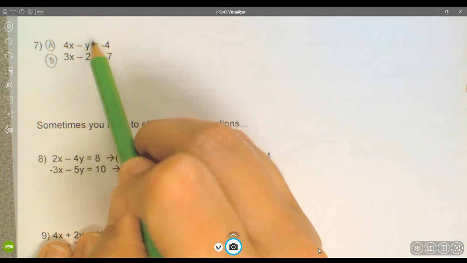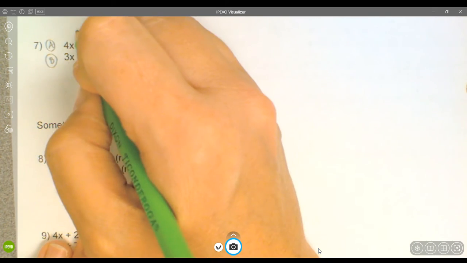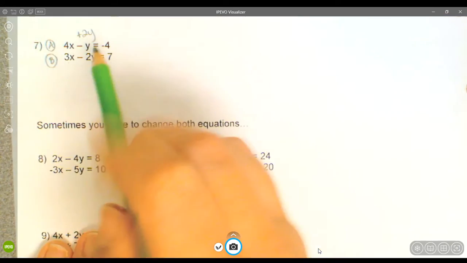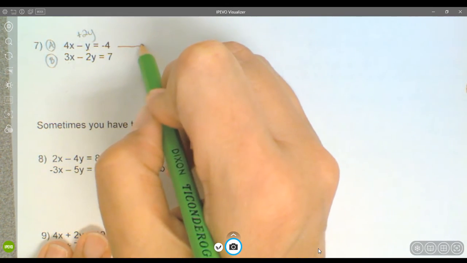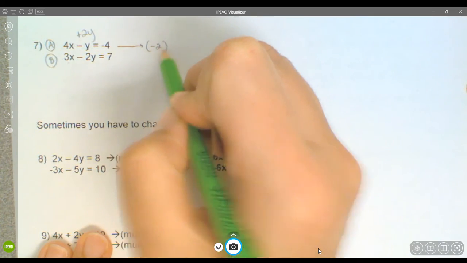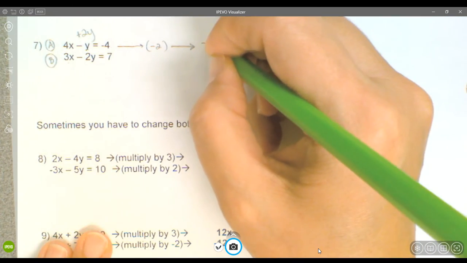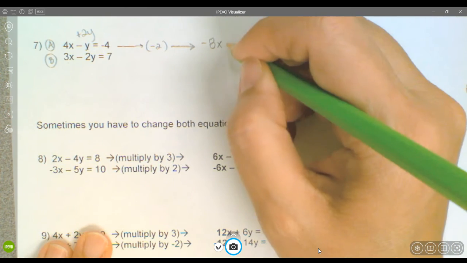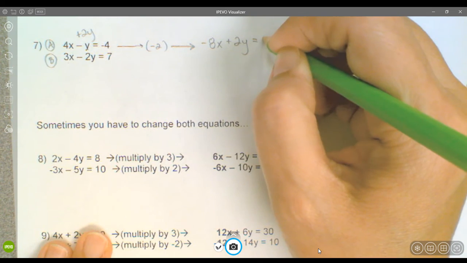Can I turn negative y into the opposite of negative 2y? Yeah, I can. What's the opposite of negative 2y? Positive 2y. So how can I turn negative 1y into positive 2y? Oh, that's easy. Multiply by negative 2. And when I multiply by negative 2, I find that negative 8x plus 2y equals 8.